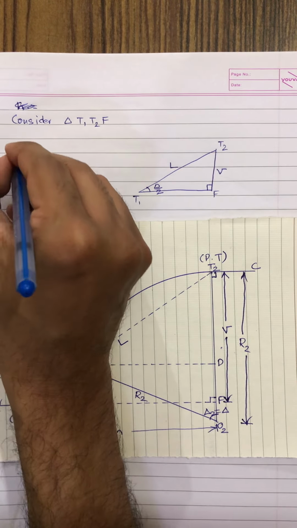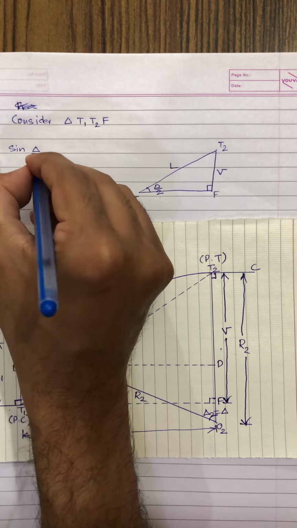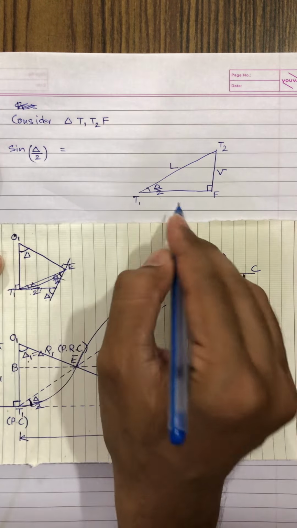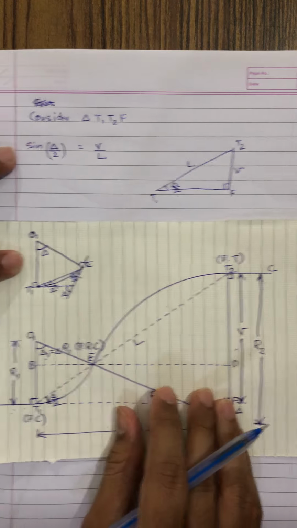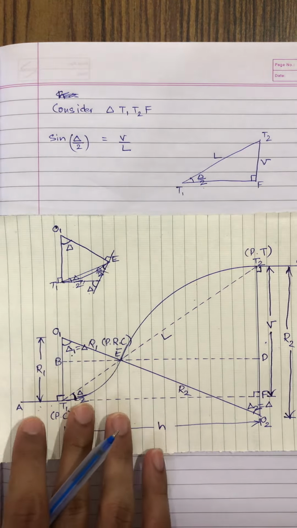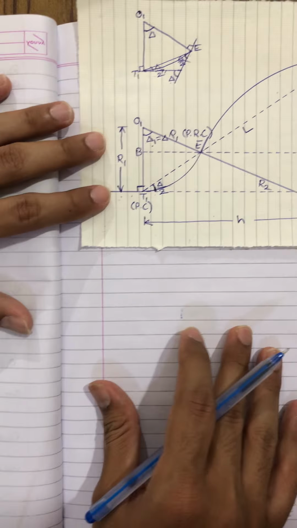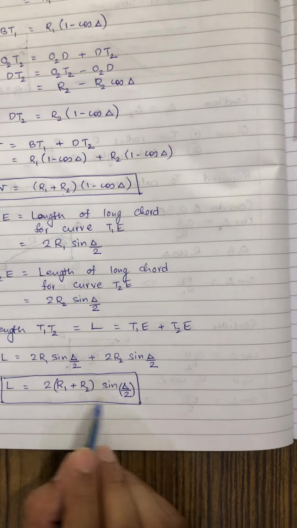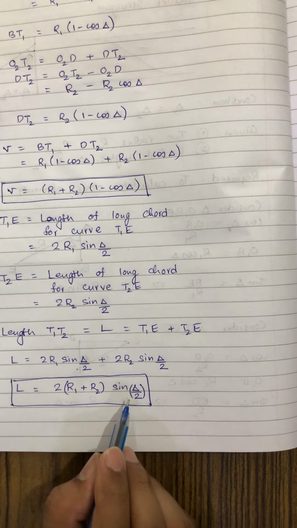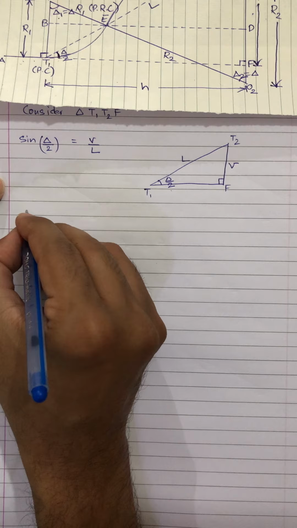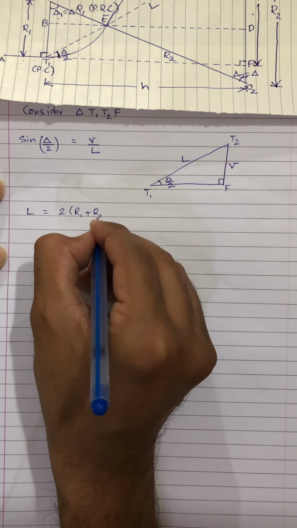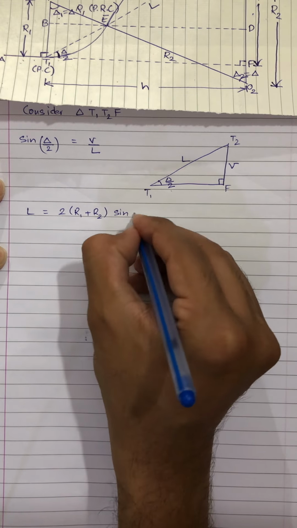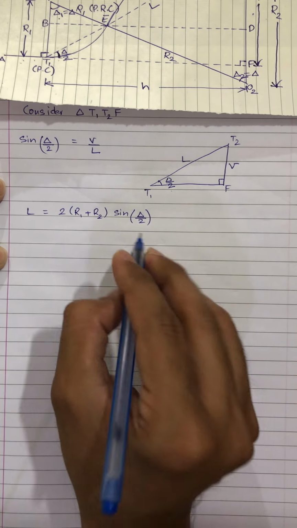So if we apply sine delta by 2, that will be equal to opposite upon hypotenuse, that is V by L. So sine delta by 2 is equal to V by L. Here we can substitute V by L for sine delta by 2 in the earlier equation, L is equal to 2 into R1 plus R2 into sine delta by 2.